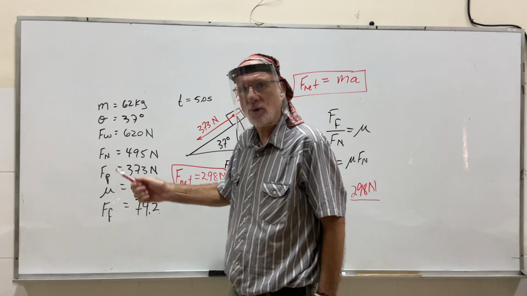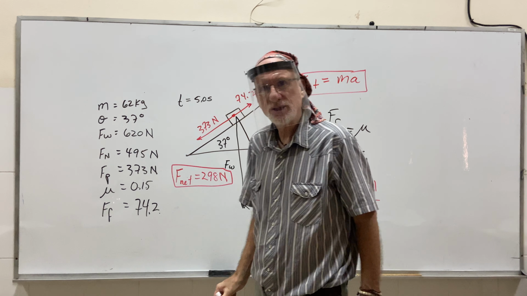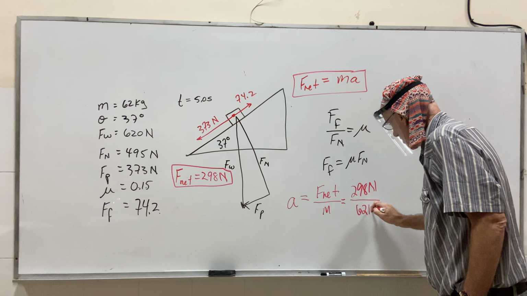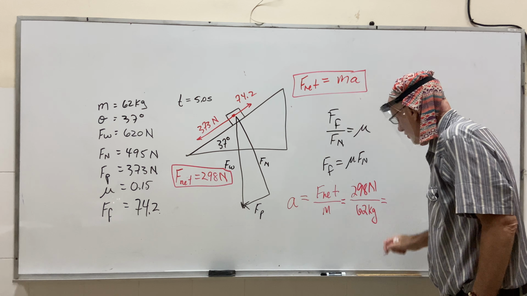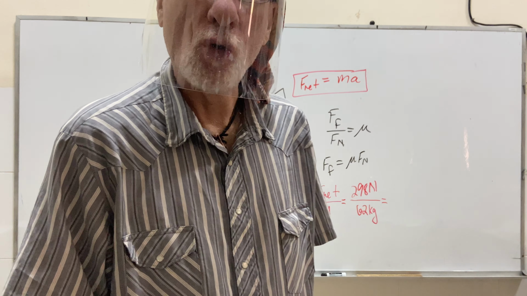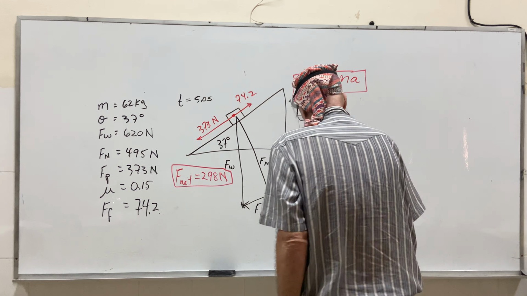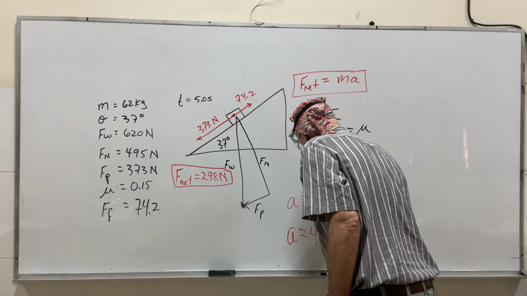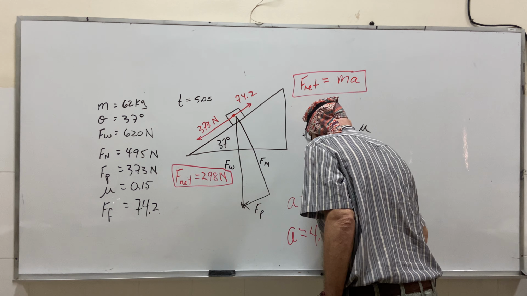Go back to the original problem. 62. So what is 298 divided by 62? 4.8. So the acceleration is 4.8 meters per second squared.